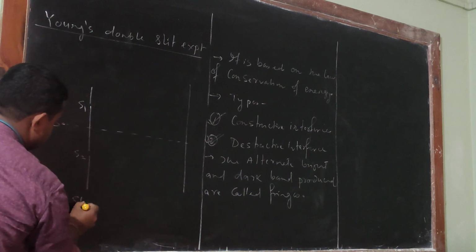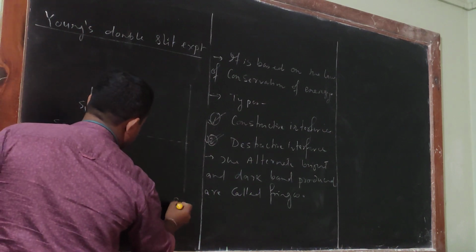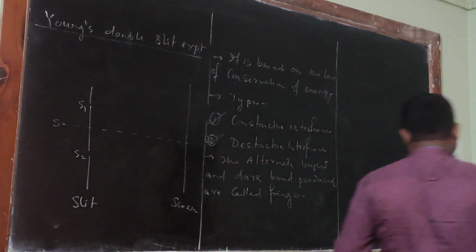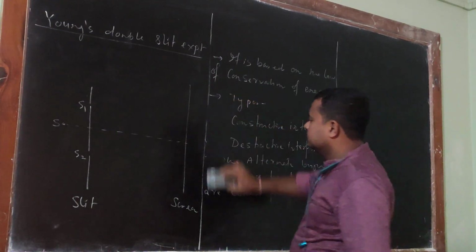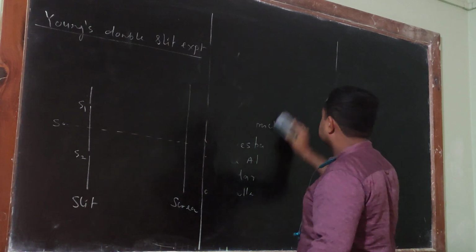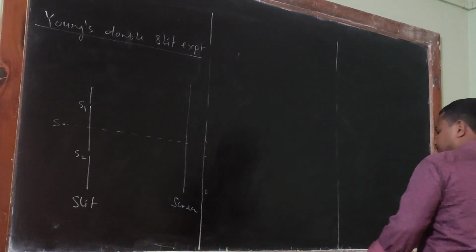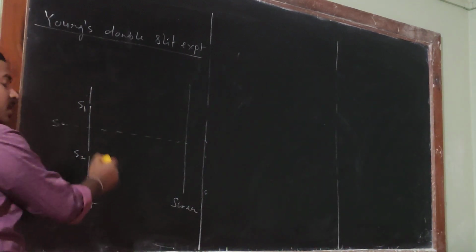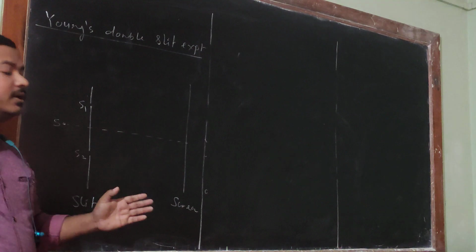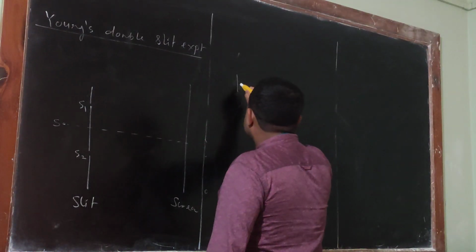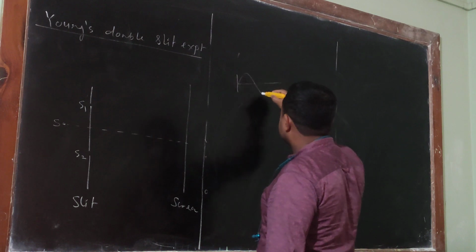So this is slit and this one screen. Now we know that here these two coherent sources are produced by what? Division of waveforms.